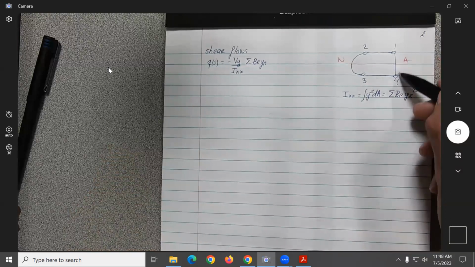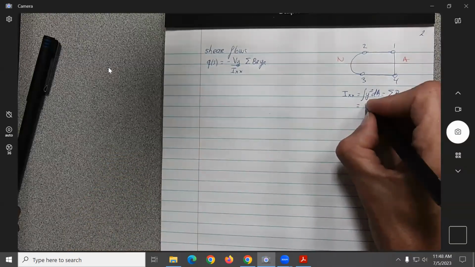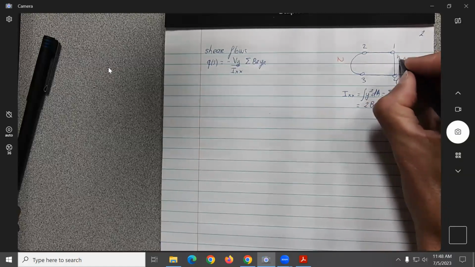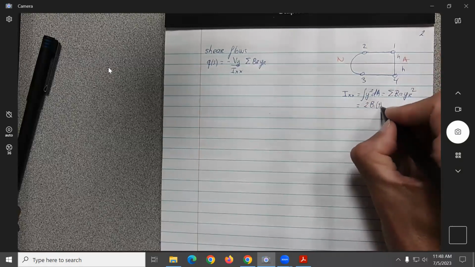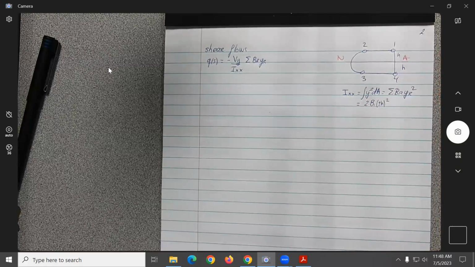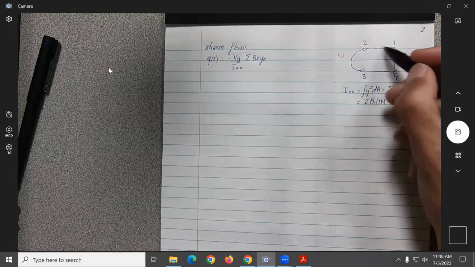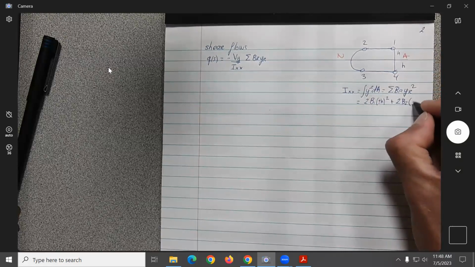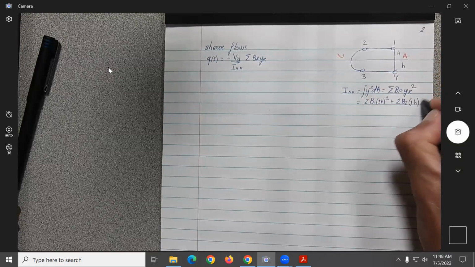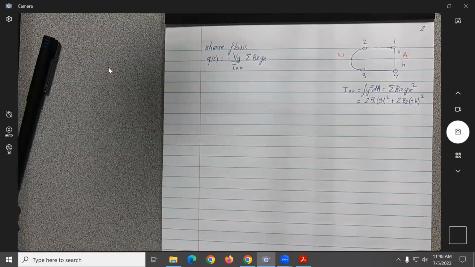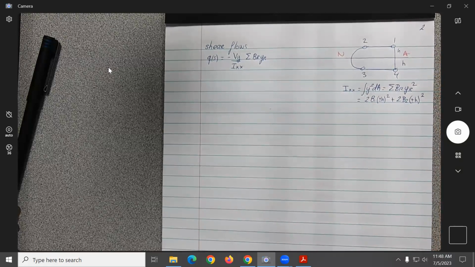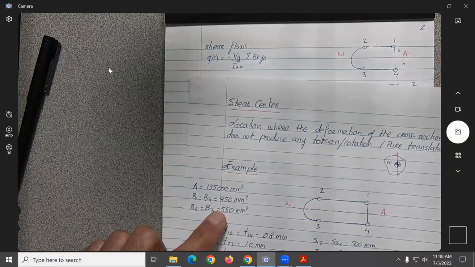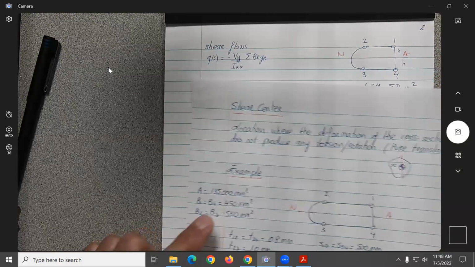So since B1 equals B4, we could say this is equal to 2 B1 times plus minus h squared, plus 2 B2 times plus minus h squared, where B1 is equal to 450, B4 is equal to 450, and B2 is equal to 550.